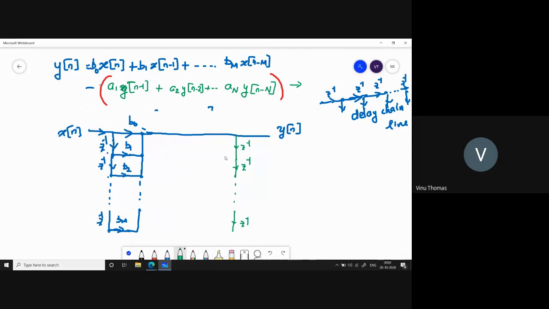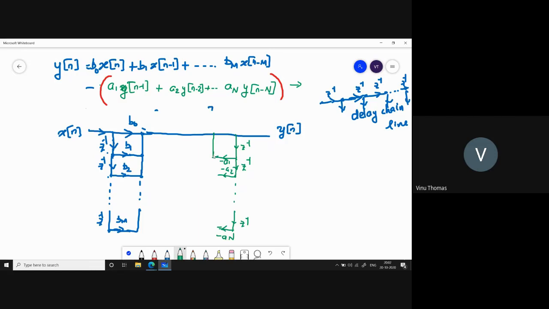Here, what will this be multiplied by? Minus a1, because this has to be multiplied by minus a1, this by minus a2, and this by minus an. To illustrate this, I have taken m to be equal to n. Otherwise m has to be greater than n, and that is when you call this the order of the filter. Then you have to add all these up.